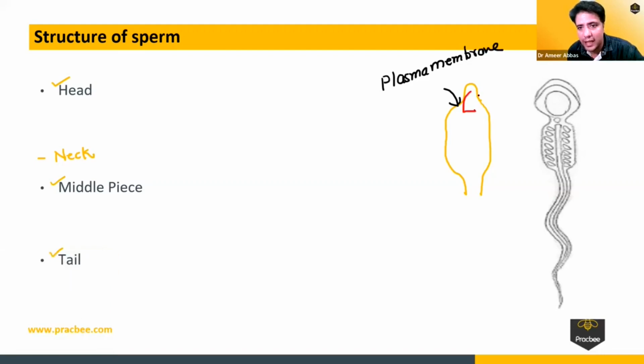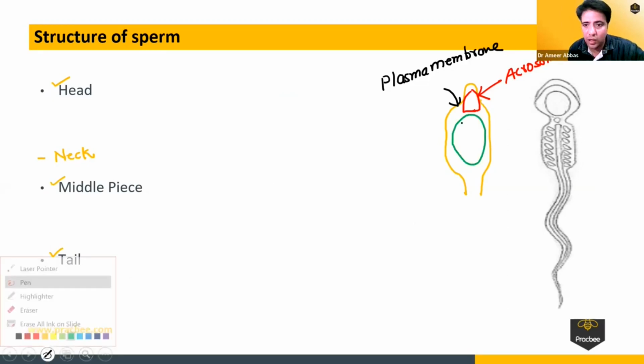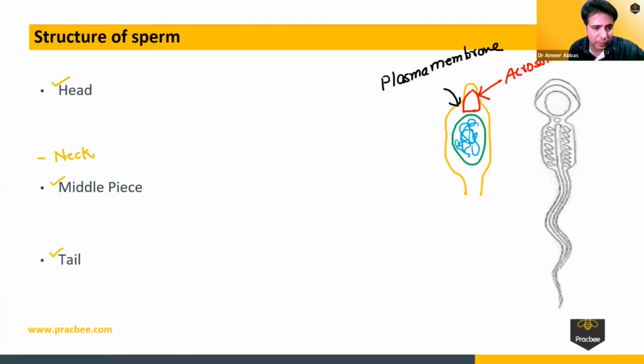Number one, a sac-like structure consisting of hydrolytic and lytic enzymes like hyaluronidase, neuraminidase and zona lysin. The nucleus will elongate and condense, and it will consist of the chromosomes. Clear?